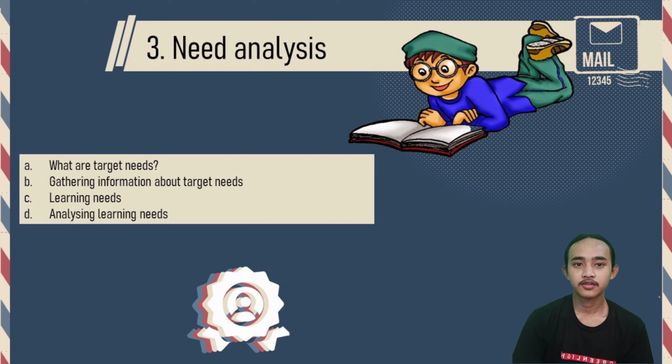B. Gathering information about target needs. There are several ways to gather information. The most frequently used methods are questionnaires, interviews, research, data collection, and consultation with other subject sponsors.